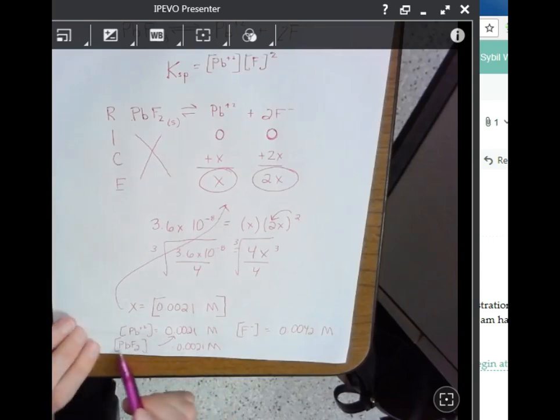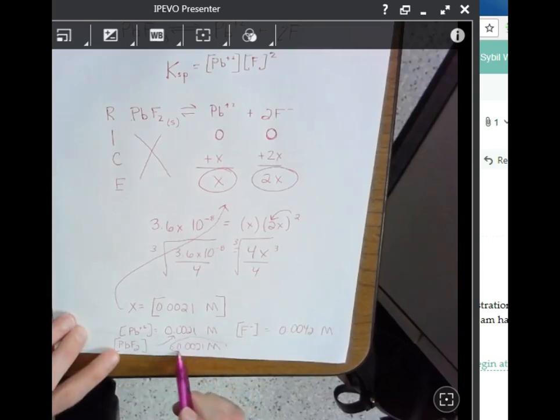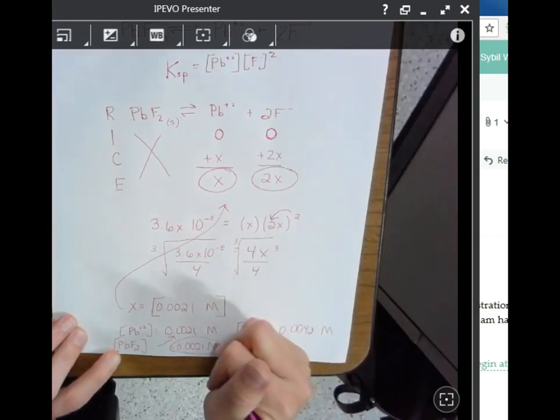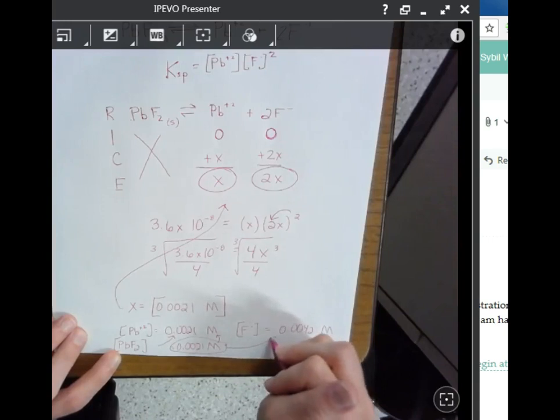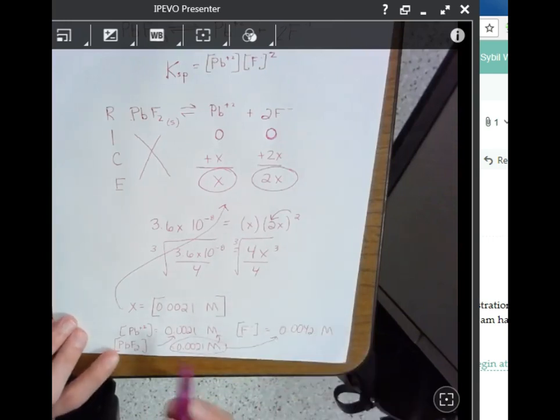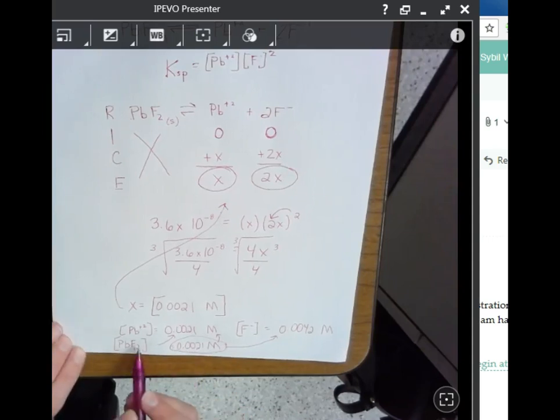So what that means is that this is the concentration of lead fluoride that can dissolve. And when it does, it's going to form that much lead and twice as much fluoride. This molar solubility is how much I could dissolve of the lead fluoride and saturate the solution. Any more than that, and it's going to fall to the bottom. Any less than that, and the solution won't be saturated at that temperature.